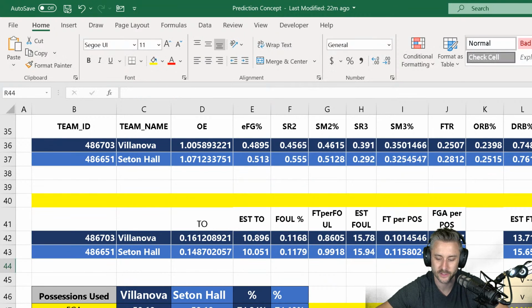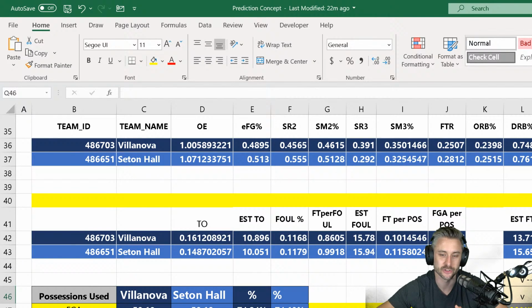So make X is basically the combination of possessions that end in a made 2-point or 3-point shot. That's basically what make X stands for.